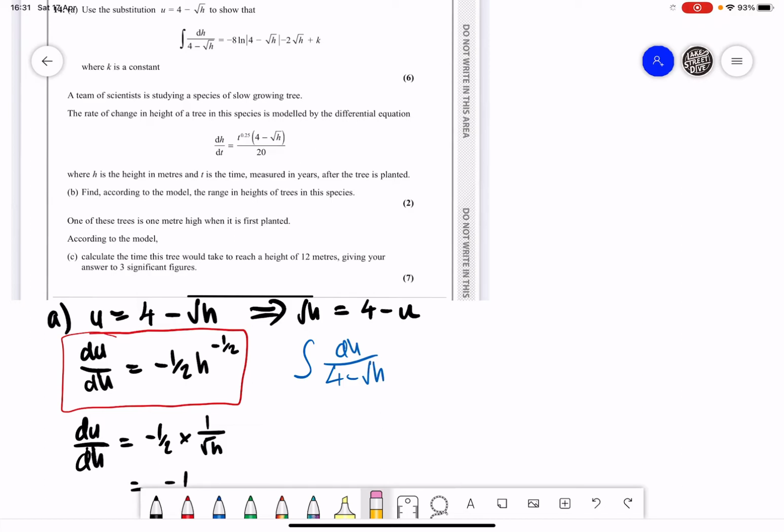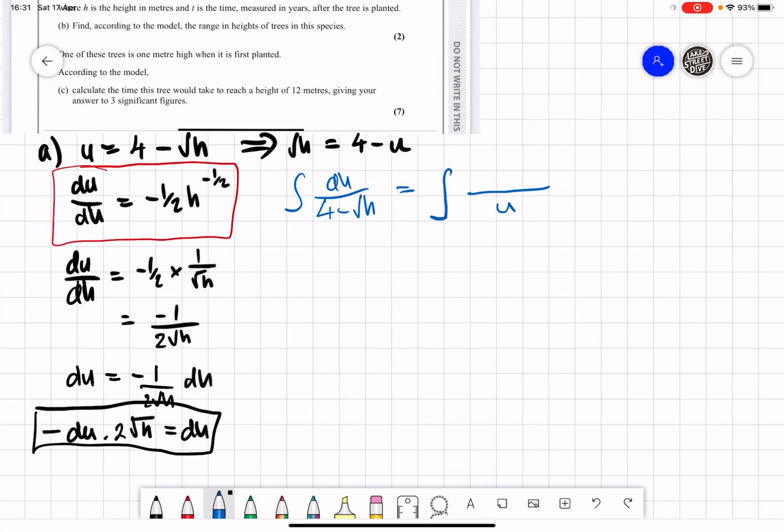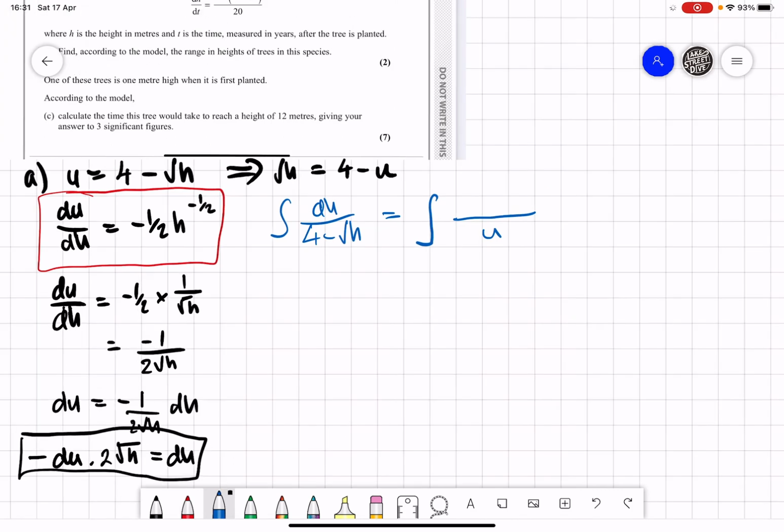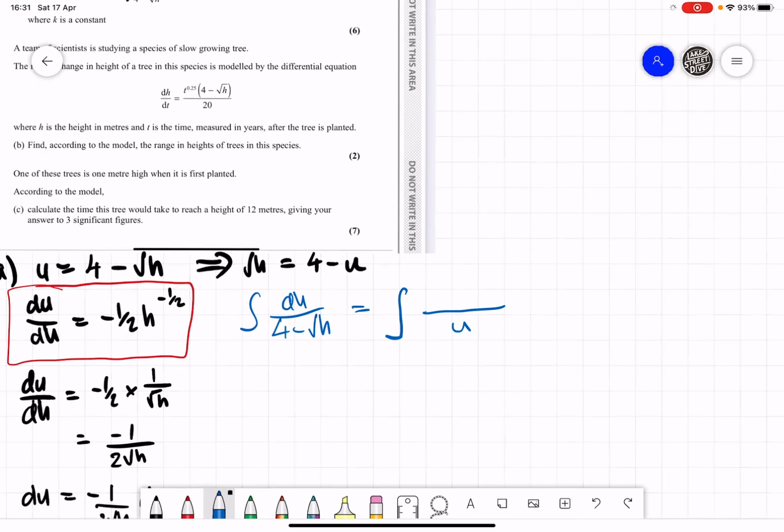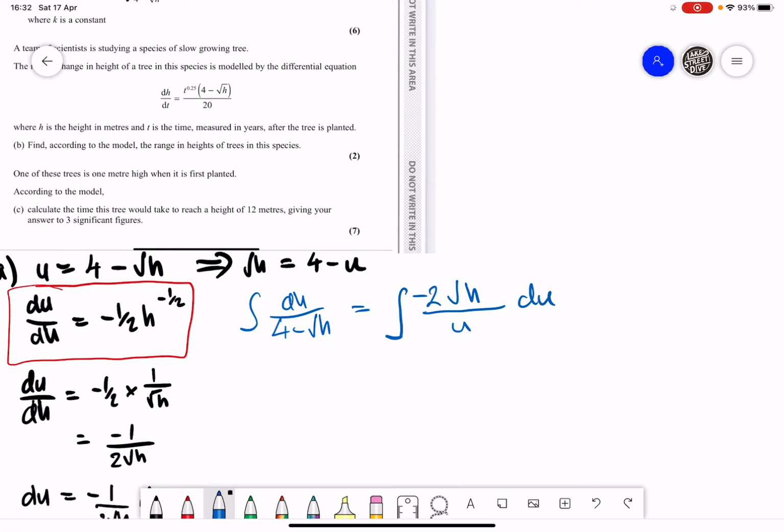So if I'm replacing everything with u's, on the bottom I'll get u, and on the top I'm going to get the thing that I wrote down here, du times 2 square root h. So that's minus 2 square root of h du. Replace the square root of h with 4 minus u: minus 2 times 4 minus u, all over u, du.